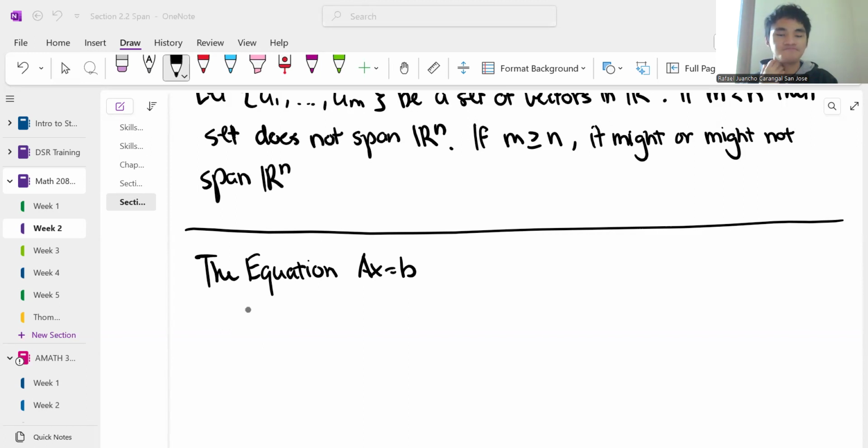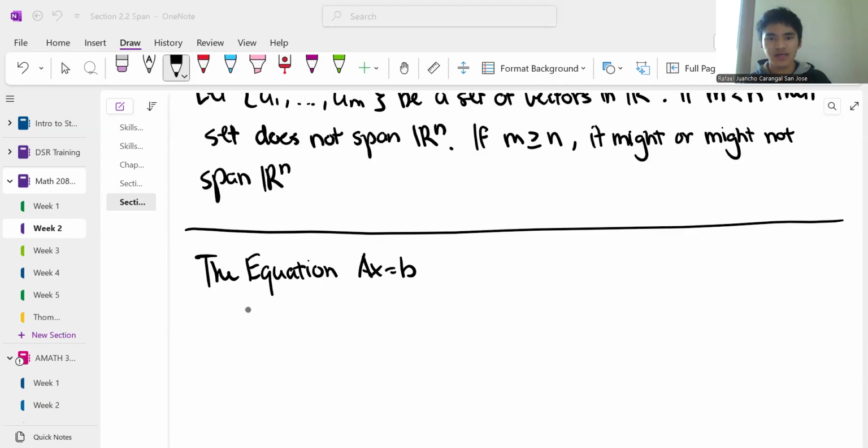So what is that? By now we are comfortable with translating back and forth between vector equations and linear systems, right? So here we give a new notation that will be used for a variety of purposes, including expressing linear systems in a familiar form.